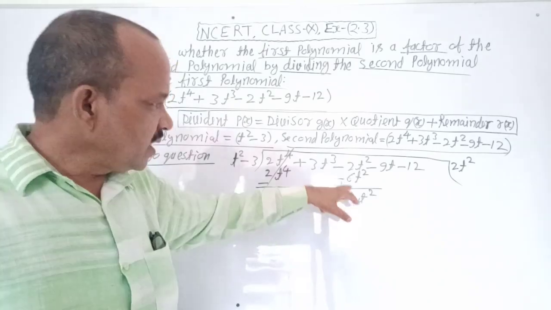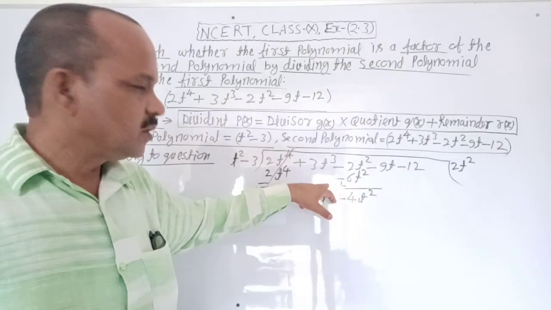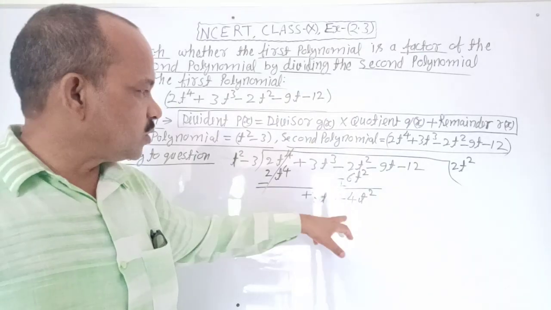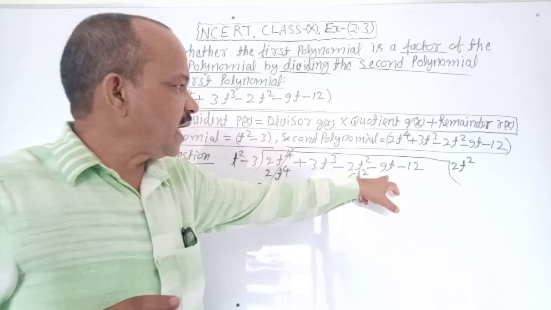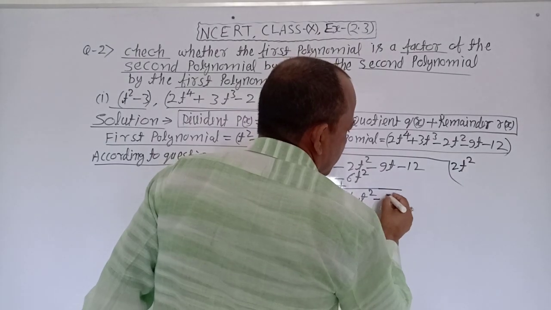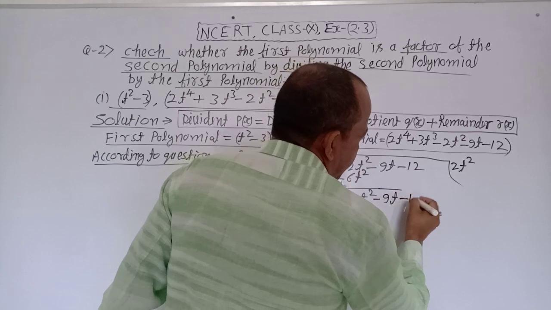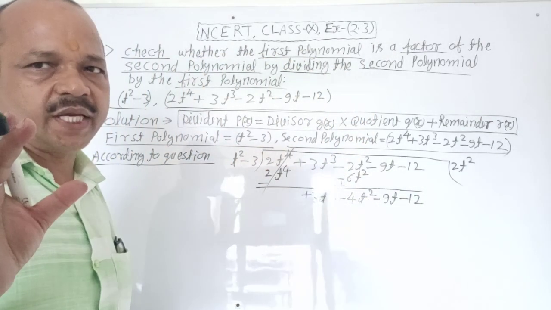So you write here plus 4t square. Now you write the same minus 9t minus 12. It is clear? No confusion about it?